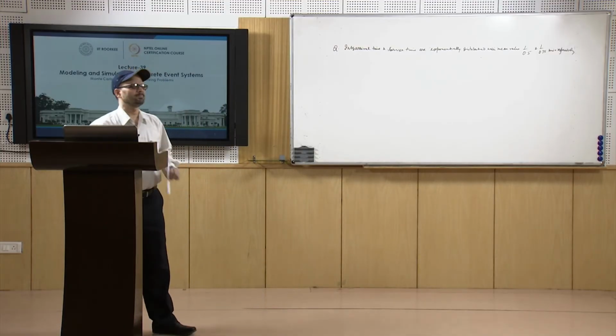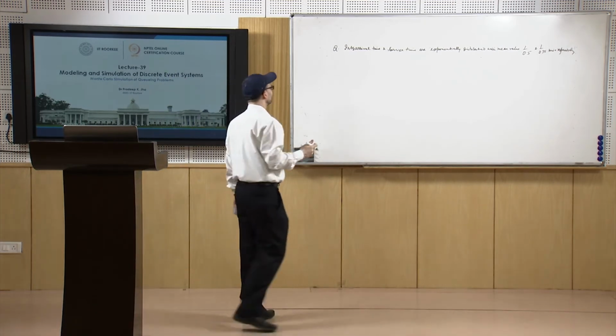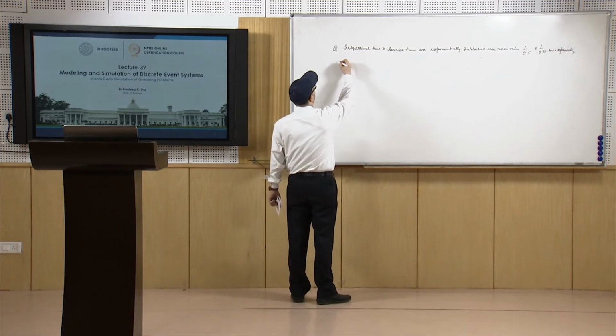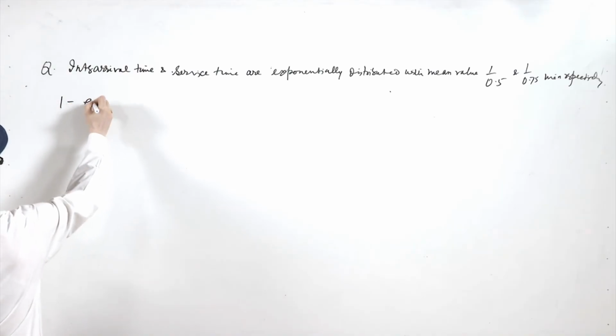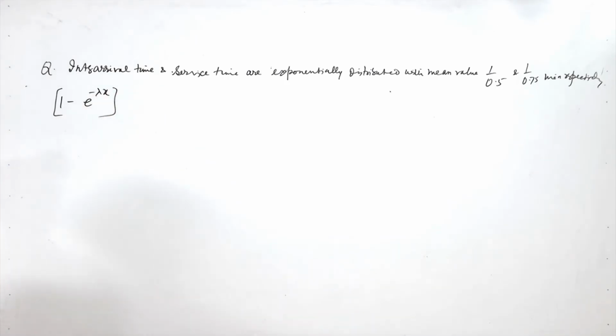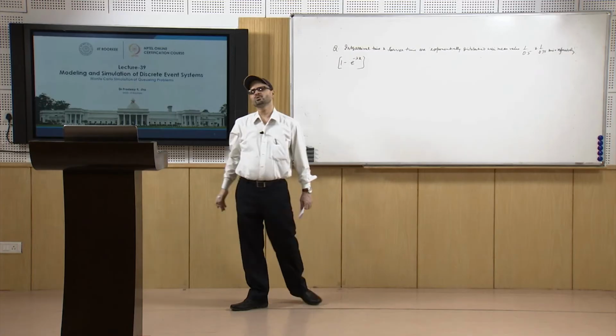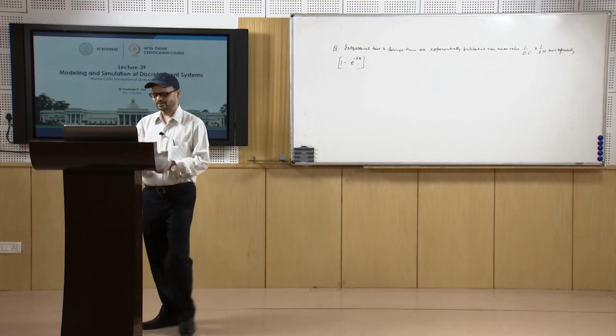What we had seen is that normally we have 1 minus e raised to the power minus lambda x. So, we were doing the inverse transformation.